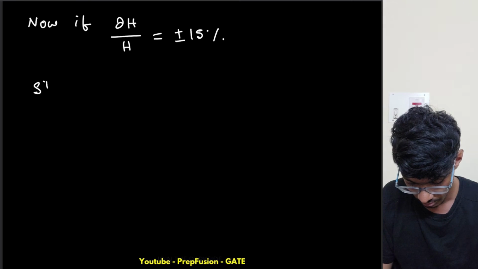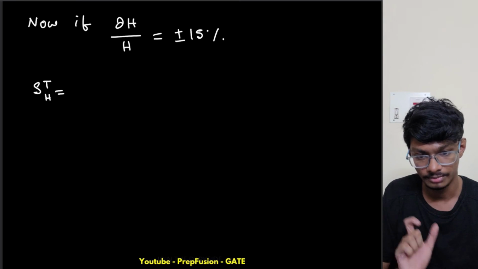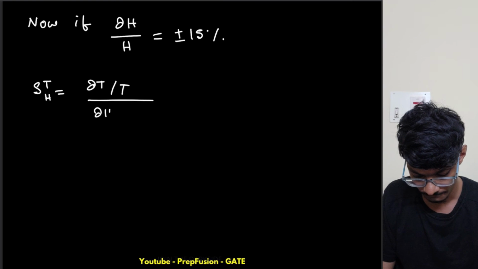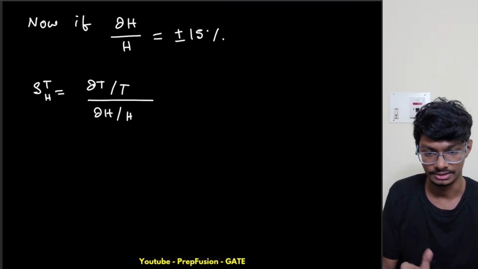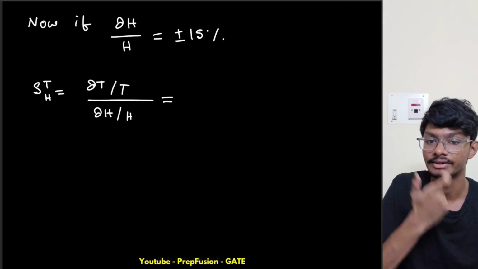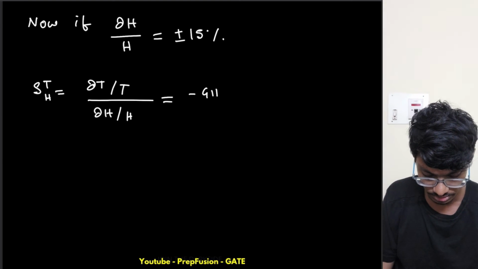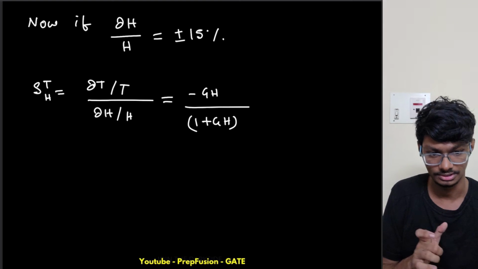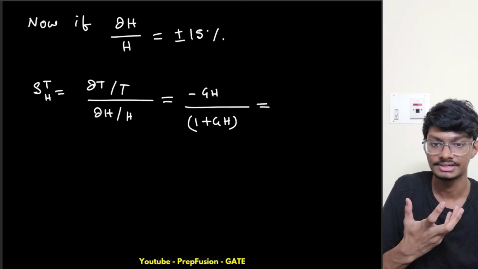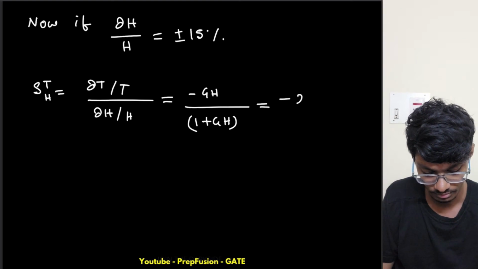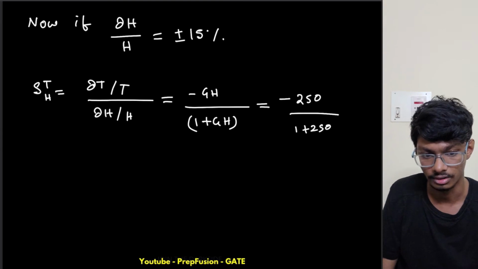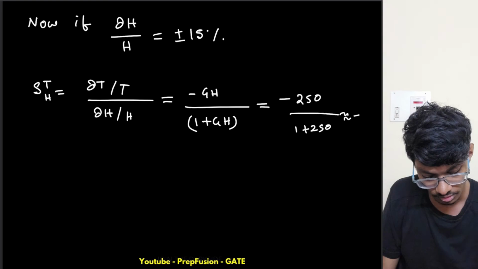Simply this sensitivity, t by h, equals delta t by t upon delta H by H, right? We have already derived this. This is minus GH upon 1 plus GH. What is GH? It is 250, and 1 plus GH is 251. So it is almost equal to minus 1.